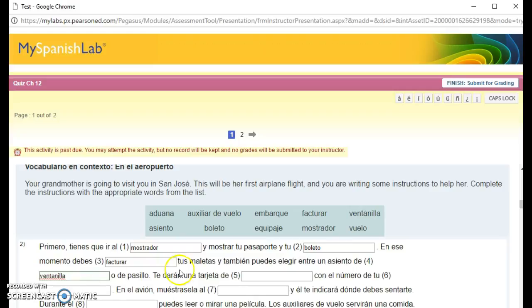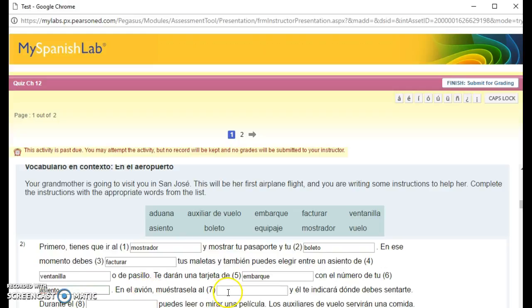Okay. Te darán una tarjeta, they will give you a boarding pass, right, de embarque, con el número de tu asiento, with the number of your seat.